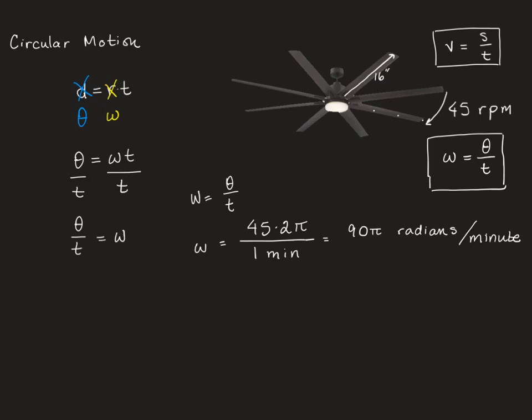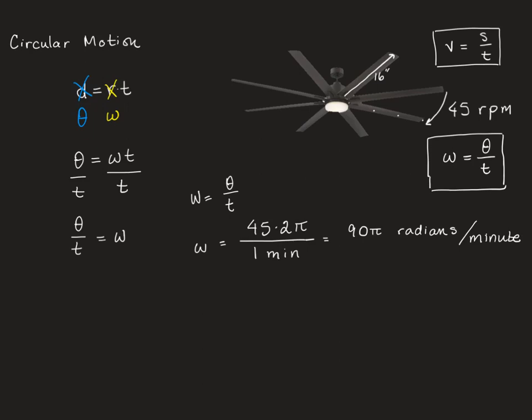That should make sense because omega represents angular speed and angles are measured in radians. V represents linear speed and lines or arc lengths are measured in things like inches or maybe sometimes feet or miles.